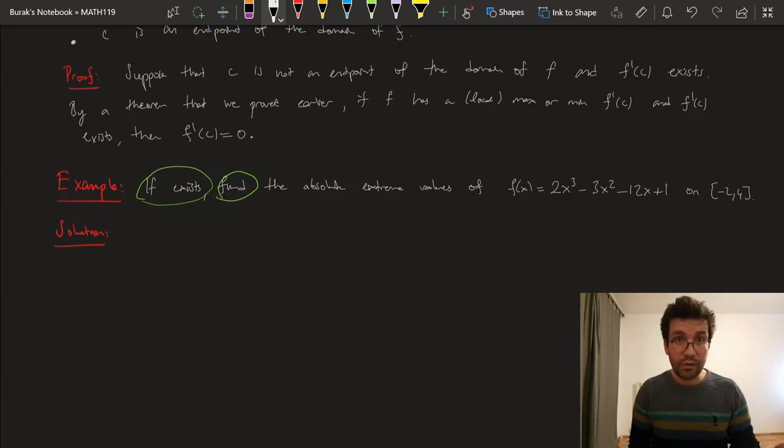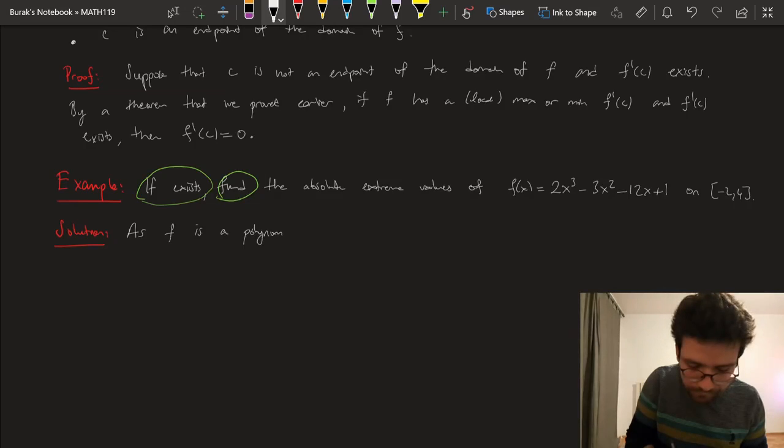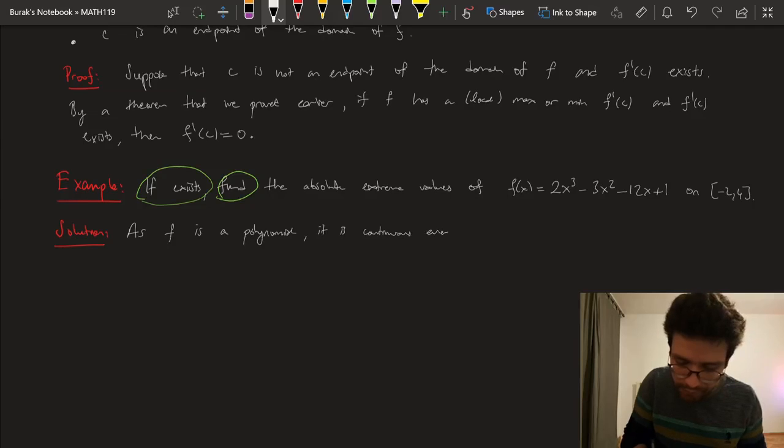The answer is yes. Why? Because polynomials are continuous. As f is a polynomial, it is continuous everywhere.